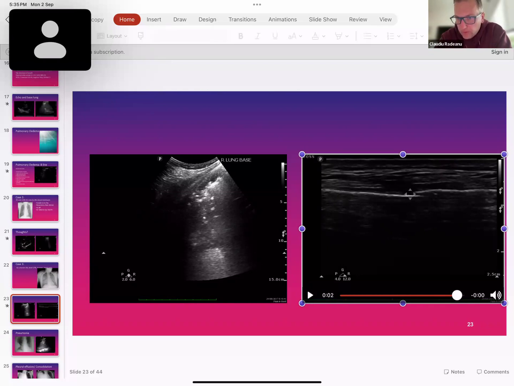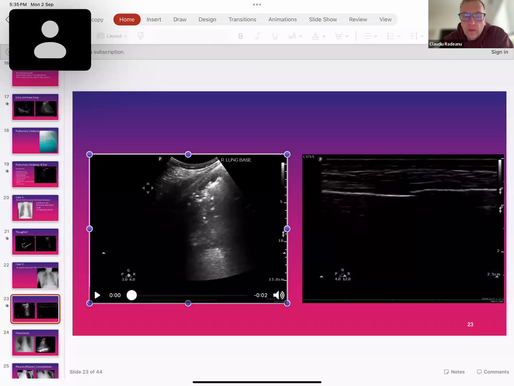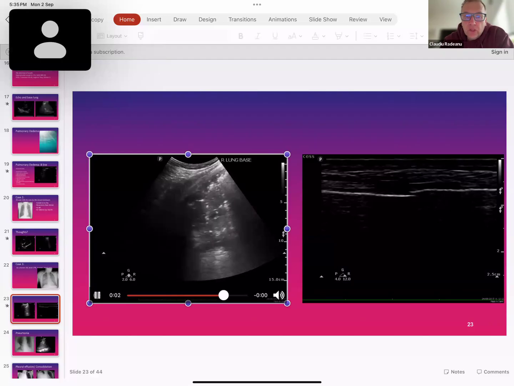This step here is a break in the cortex. This is a flat probe used, where you see soft tissue and then the bone with a break here. Now, looking at the right base, it looks like this.